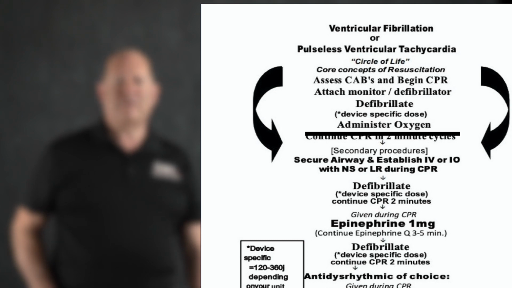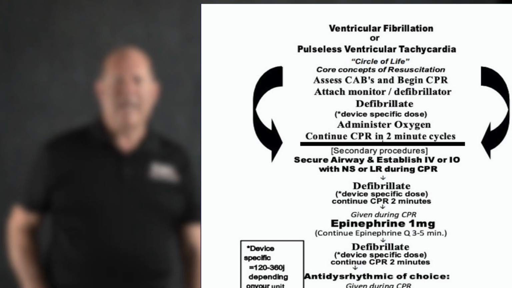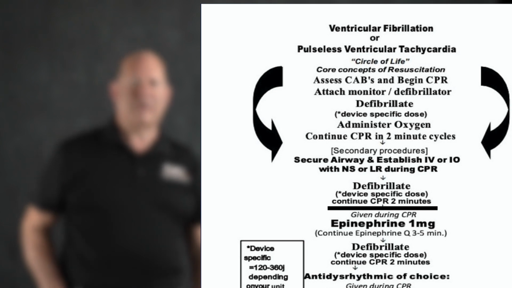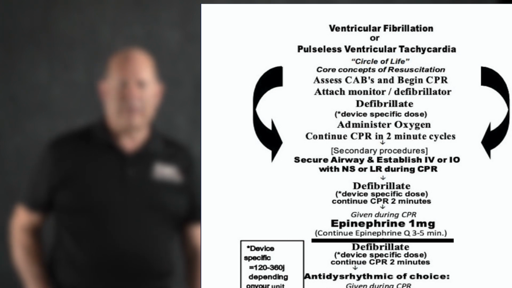Do 2 more minutes of CPR, have the defibrillator charged at the end of that 2 minutes and ready, and determine if it's ventricular fibrillation again. If it is, then you should defibrillate the patient. At this point, you will start with epinephrine. So in ventricular fibrillation, we're going to do a defibrillation, 2 minutes of CPR, defibrillation again before we start with our epinephrine.